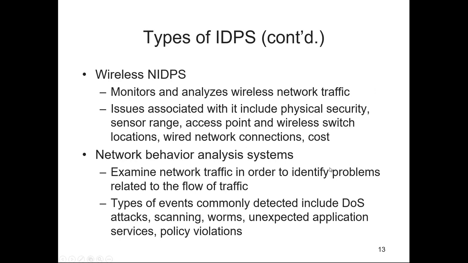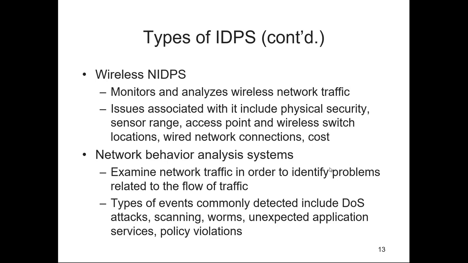Part of the network intrusion detection and prevention system is monitoring the wireless network traffic and activities. There are many issues associated with the wireless network, such as physical security, the sensor range, the access point and wireless switch locations, and the wired network connections, and of course cost.